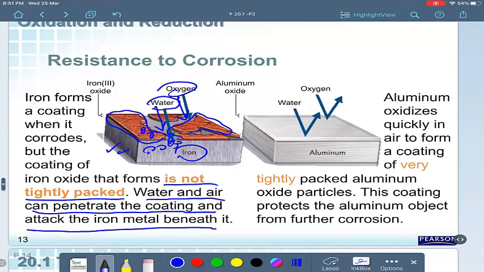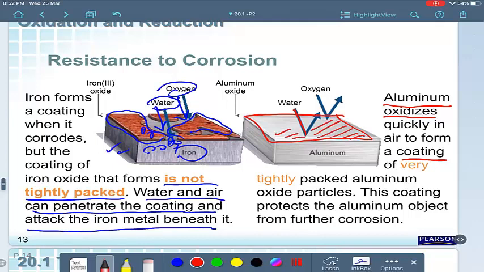But in the case of aluminum, for example, aluminum oxidizes quickly and it forms a coating, but the coating here, look, has no space or chance to penetrate. It means this coating layer protects the aluminum atoms beneath it. So this layer is protective.